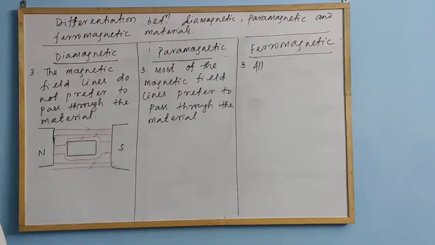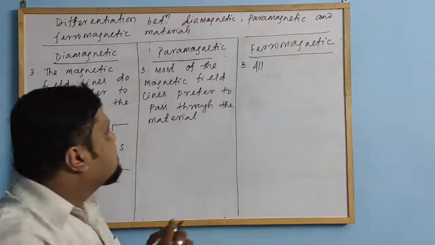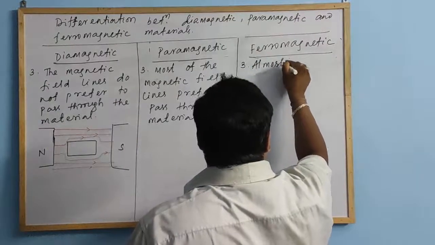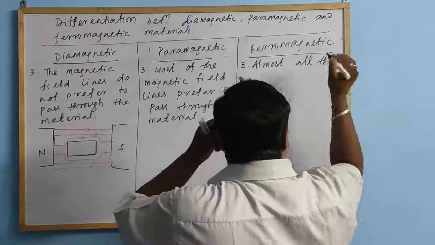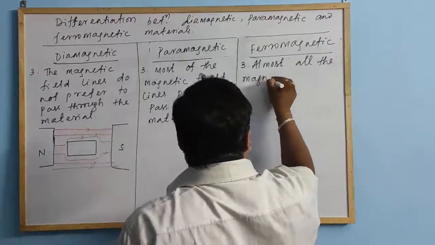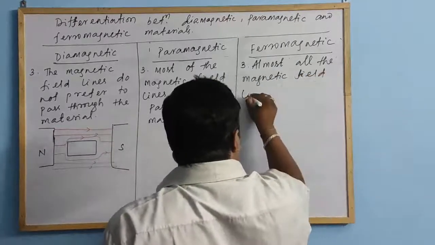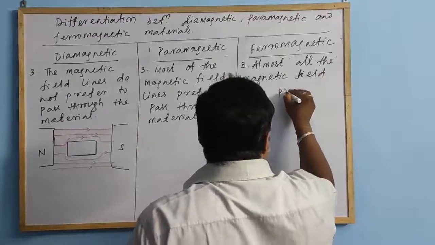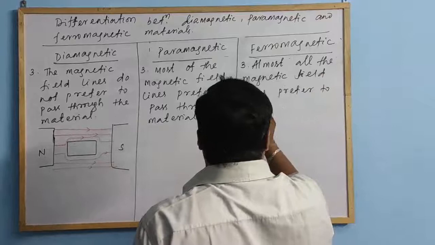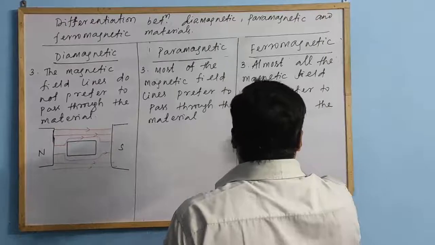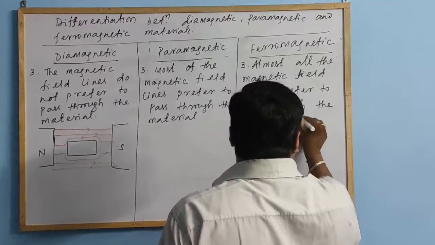In case of ferro, almost all the magnetic field lines prefer to pass through the material, right?